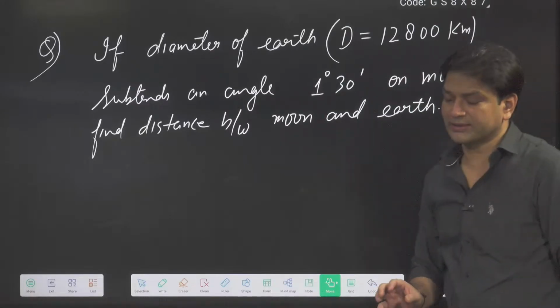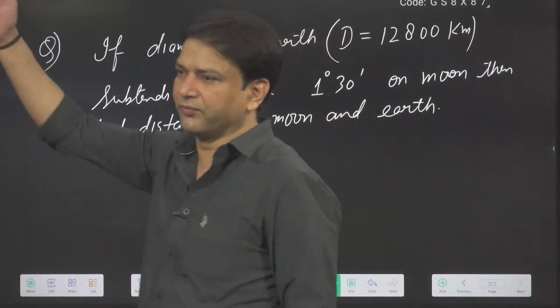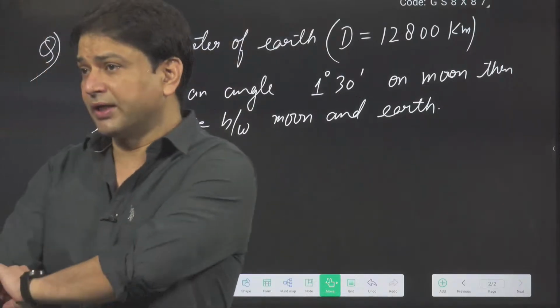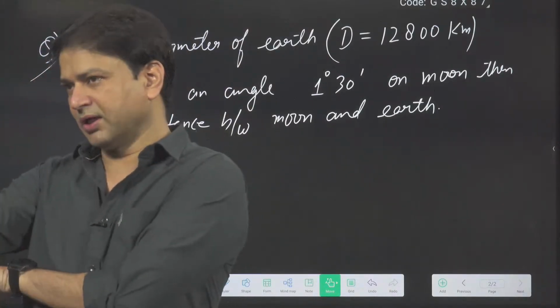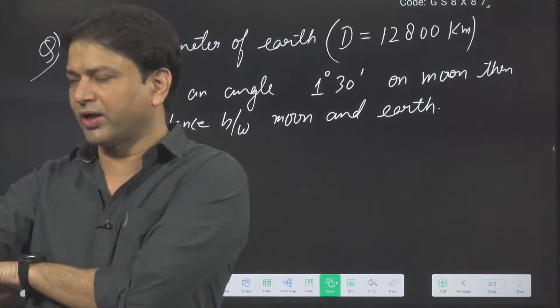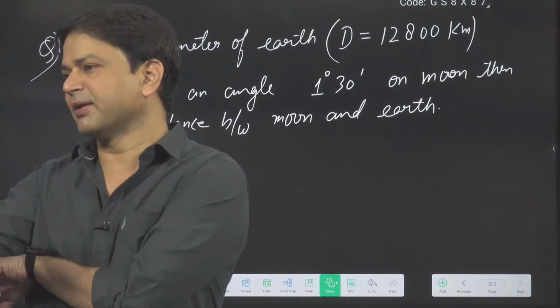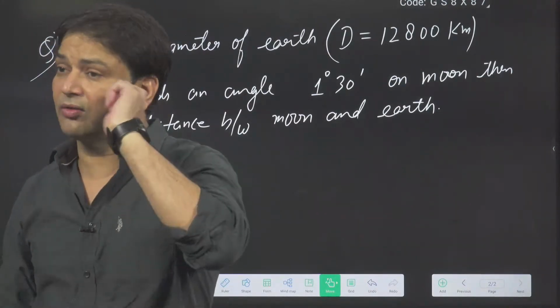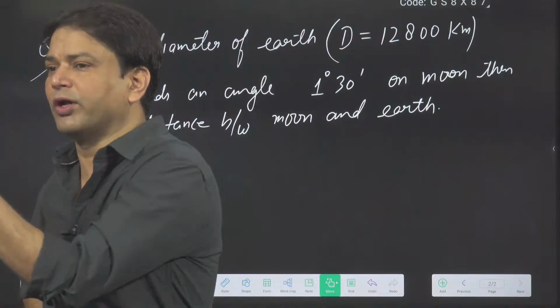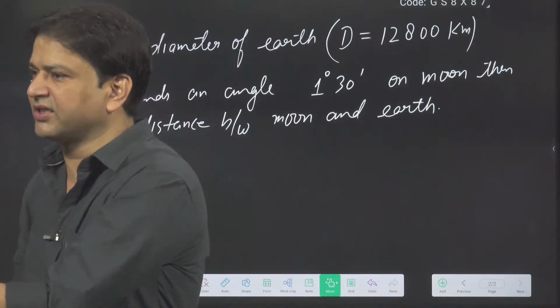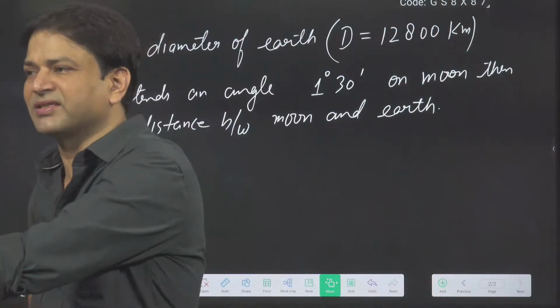For this, first thing, we have done this in basic mathematics, degree and minute. Degree works like an hour, minute as a minute, second as a second. We know that 1 minute is equal to 1 by 60 degree.